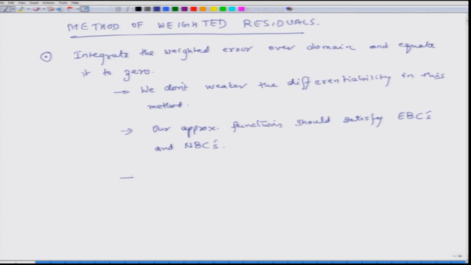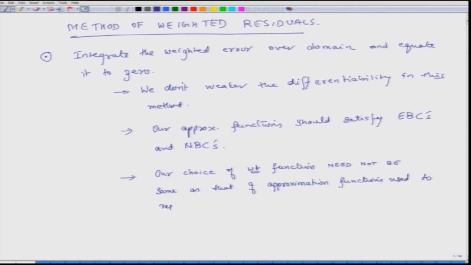The third thing is that our choice of weight function need not be same as that of approximation functions used to represent u, which in this case is the dependent primary variable.